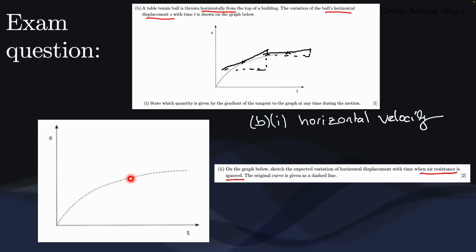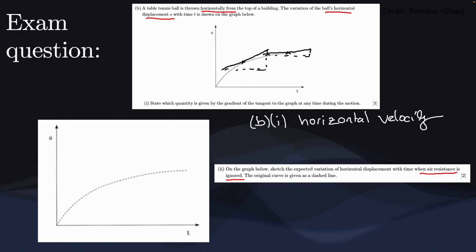It's curved, which means that the velocity must constantly be decreasing because look, the tangent decreases. The gradient of the tangents constantly decreases. So therefore, air resistance is causing the ball's horizontal velocity to constantly decrease.